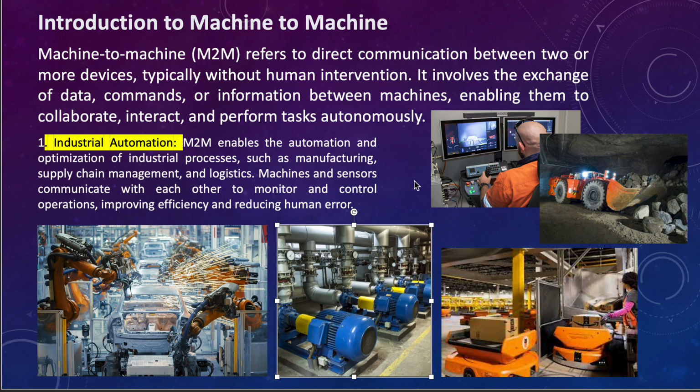A pumping station could be used, or in an electricity power plant, nuclear power plant, and so on and so forth. These machines have the ability to talk to each other, and maintain the pressure without the intervention of humans. And that is something which was there before IoT, before Internet of Things. They don't need to connect to the internet separately to function.